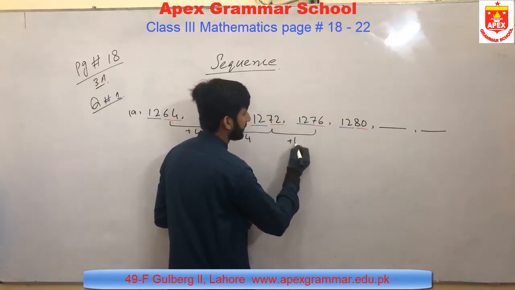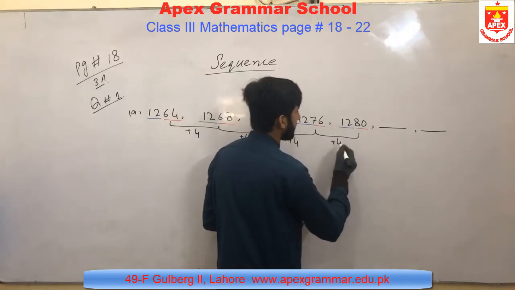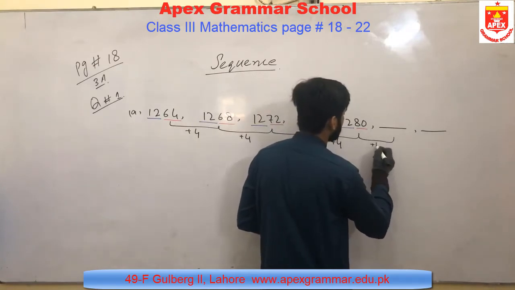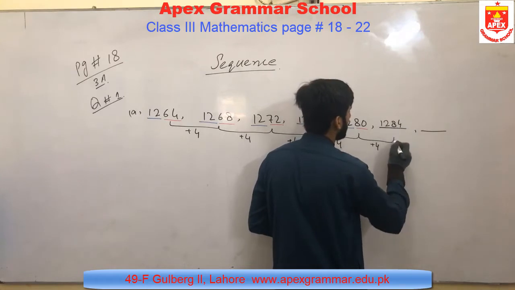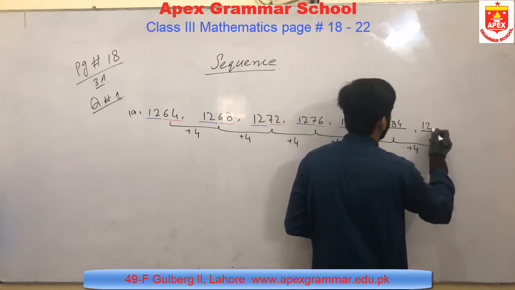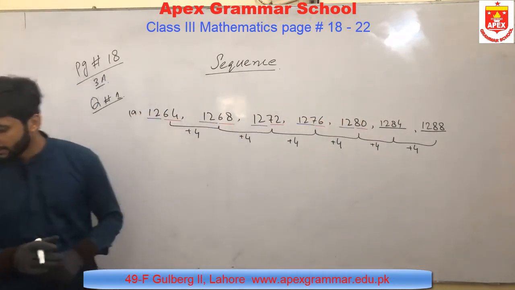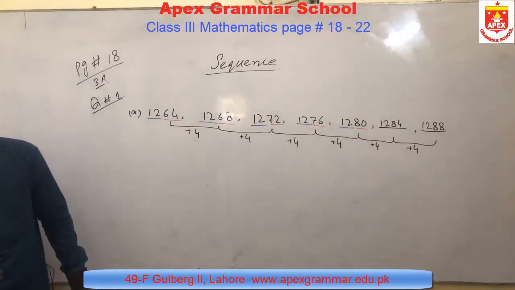Then again 4, 76. Again 4, this is 1280. And after adding 4 to 1280, this is 1284. And the last number of this sequence is 1288. This is how to do these questions. This is the A part of question number 1.